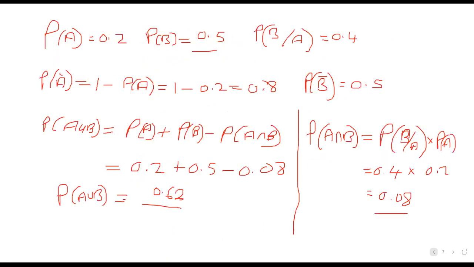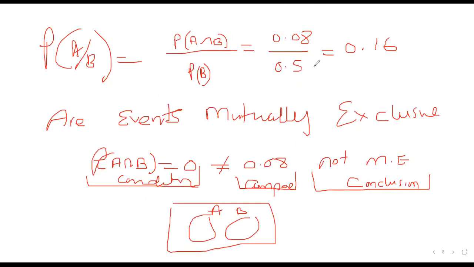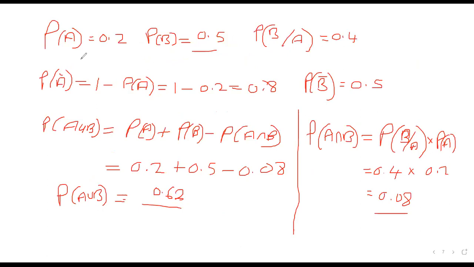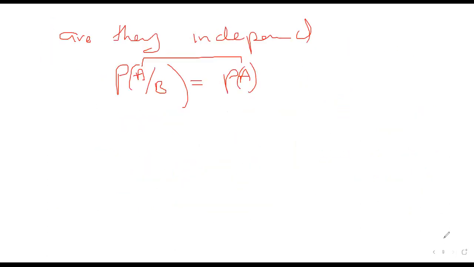What was our A given B? We found 0.16. And our A, 0.2. So here you put 0.16, and here you put 0.2. Then you compare. Are they the same? No. So you say they're not independent.